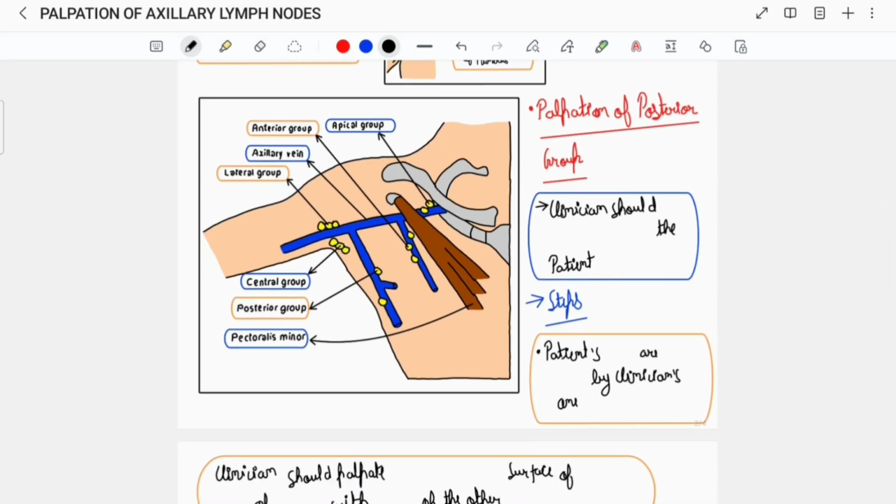To palpate the posterior group of axillary lymph nodes, the clinician should stand behind the patient.